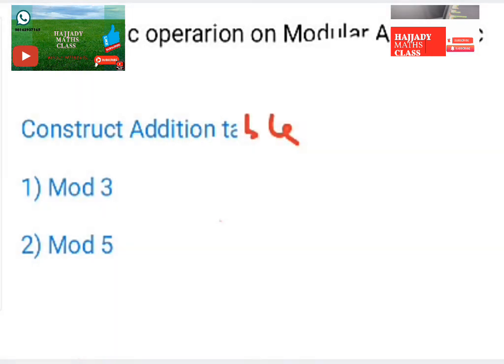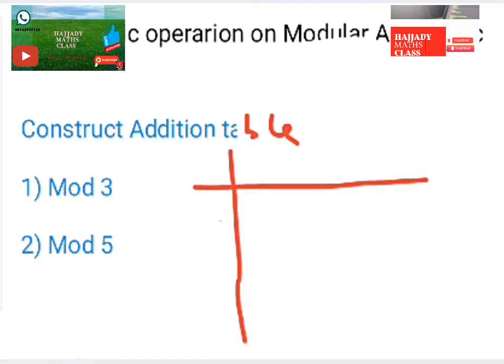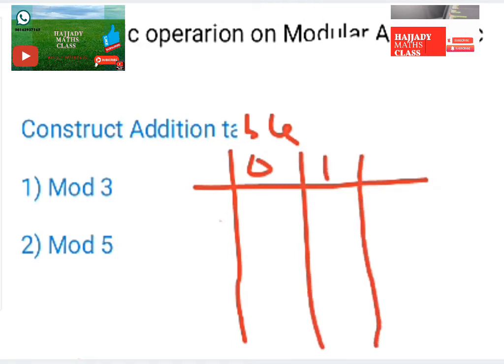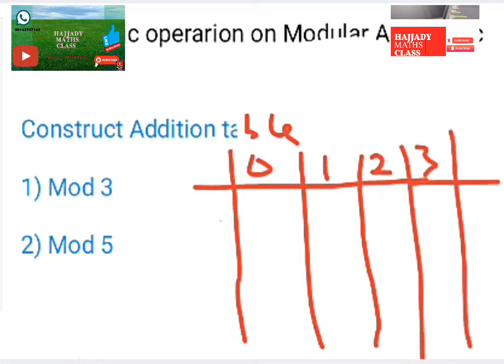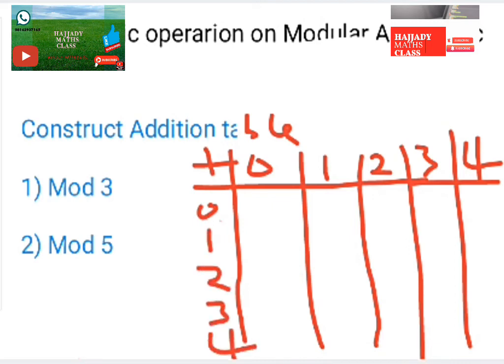So for modulus 5, the same thing will be done. We have 0, 1, 2, 3, 4. Addition, we have 0, 1, 2, 3, 4.